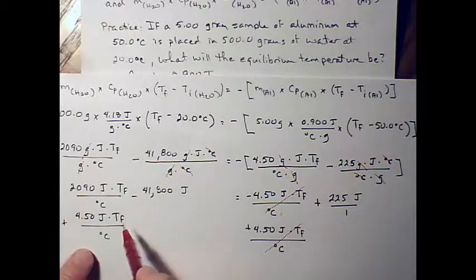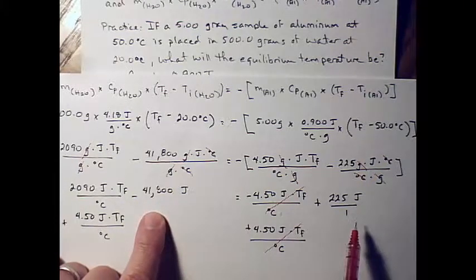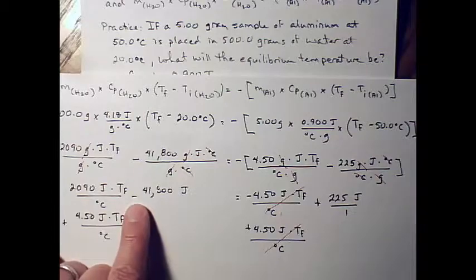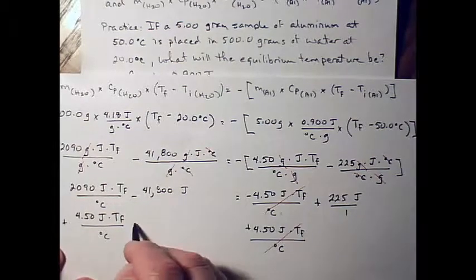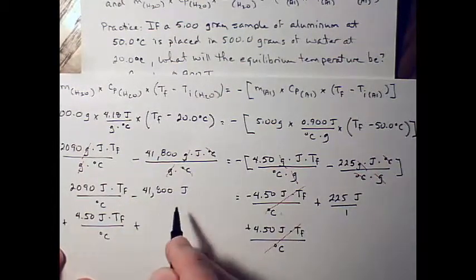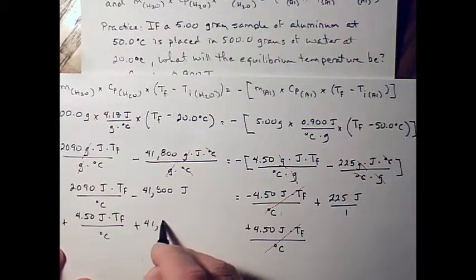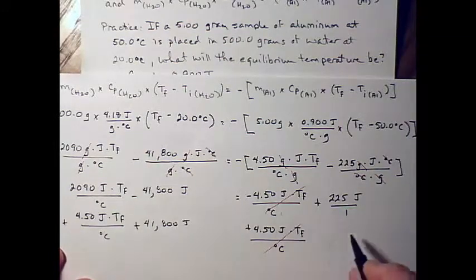Okay, so I've got this stuff all kind of collected over here. How do I move this over to this side? Add that to both sides because it's subtracted here. If I add the same thing on both sides, I'll end up canceling this one out. So 41,800 joules. And over here, plus 41,800 joules.